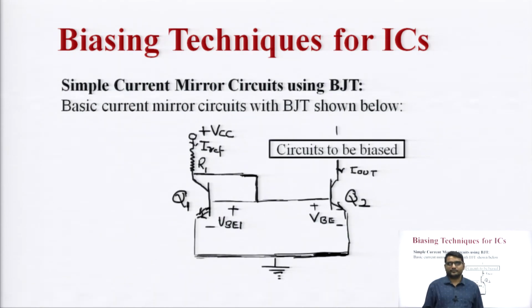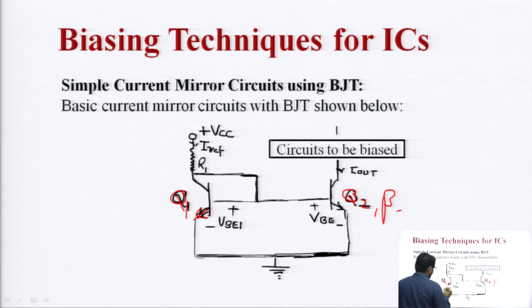Next, we consider a simple current mirror circuit. This is the simple current mirror circuit with two identical transistors, Q1 and Q2. Identical means both transistors have the same value of beta. Diode action takes place in transistor Q1.